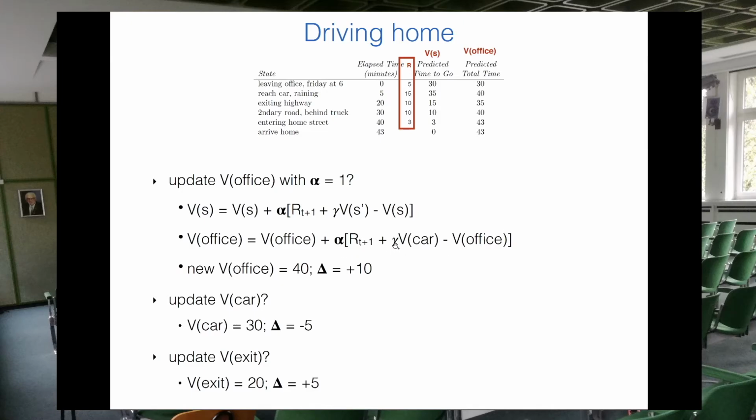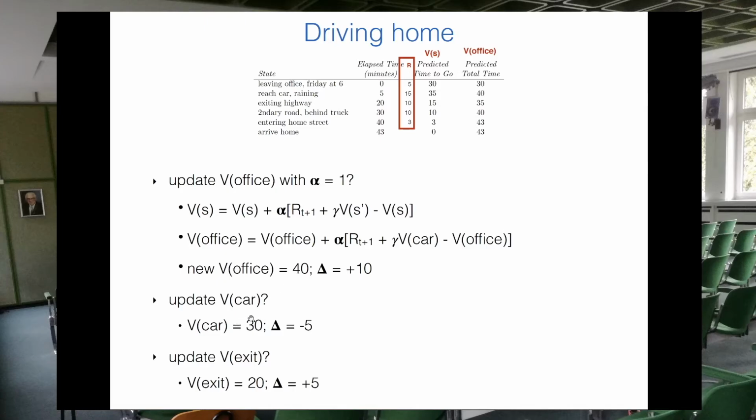Alpha is going to be 1, gamma is going to be 1, to make it simple. The reward is going to be 5, because that's the time that you needed to get to the next state. So for office, the reward is 5, and the value of the state car is going to be 35. So you have here 35 minus 30, that's 5, plus 5 of the reward, that's 10. So our delta, our change in the value of the office, is going to be plus 10. So the new value of office, once we have applied this rule, is going to be 40.